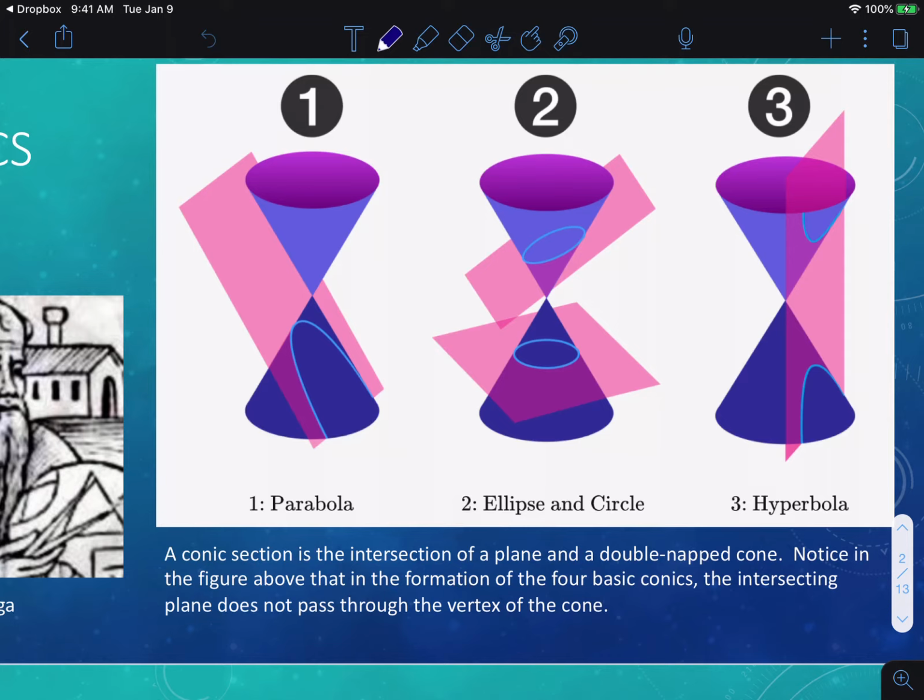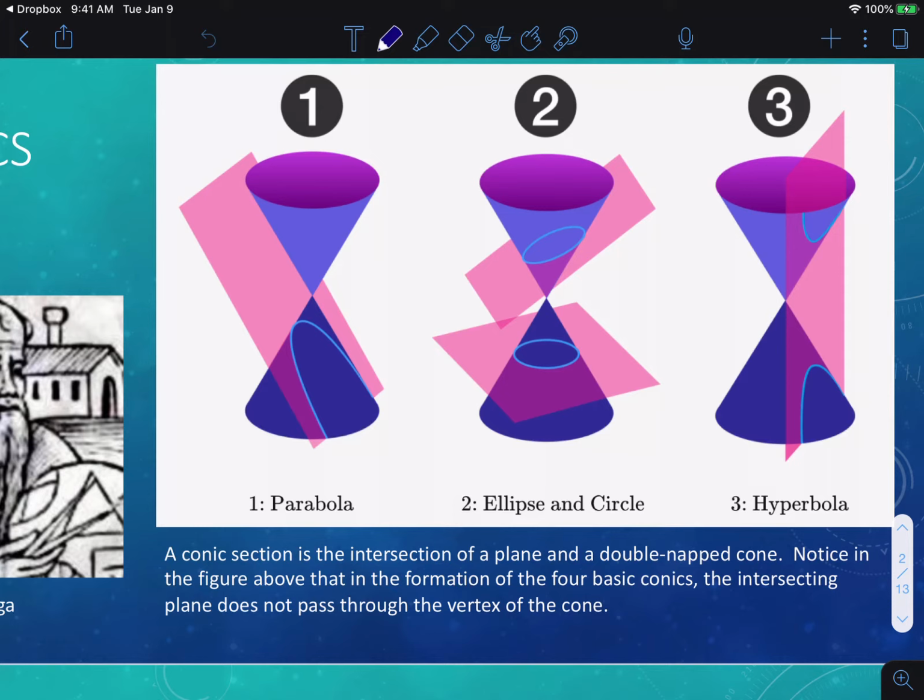Then if you look at figure number 2, we have the double napped cone. In the bottom cone, the plane is parallel to the base of the cone. When you cut parallel to that base, you end up with a circle.